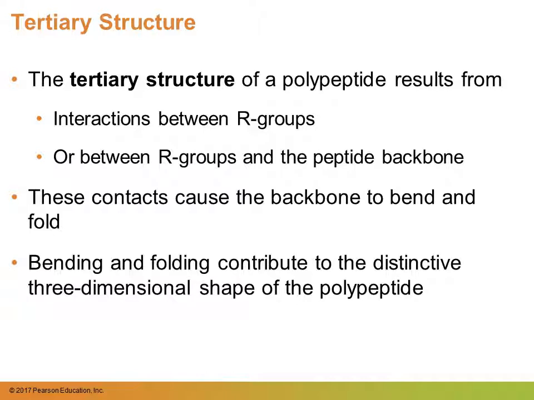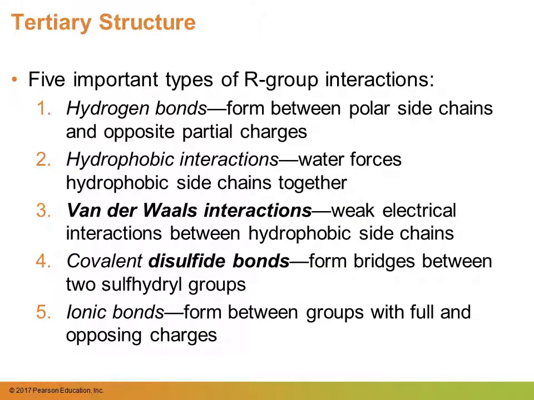So it says here the contacts cause the backbone to bend and fold, and this bending and folding is distinctive to each of the proteins, and it creates this three-dimensional shape. Okay, so what are the 5 ways that the R groups interact to form these permanent interactions and bending of the protein? I promise you, you also need to know this for the exam.